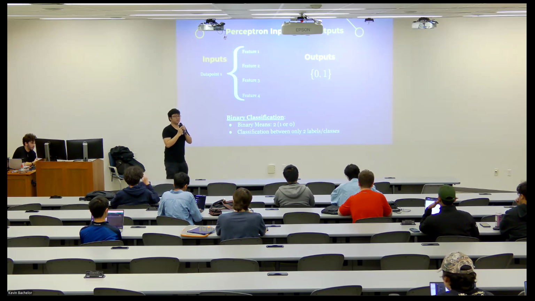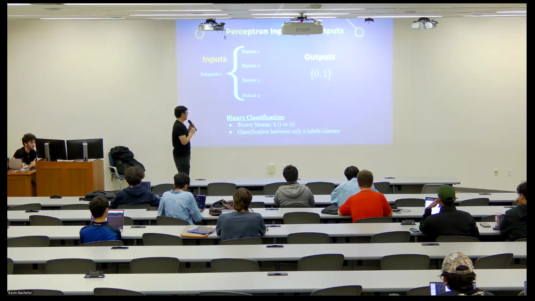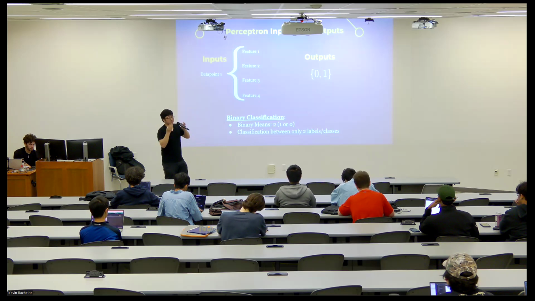So what we're doing is binary classification. What does that mean? Let's break that down. Binary just means 2, 0 or 1. If you know computer binary, it's zeros and ones. That's why it's called binary.